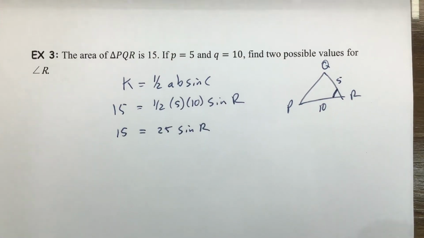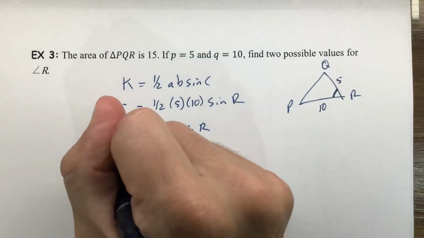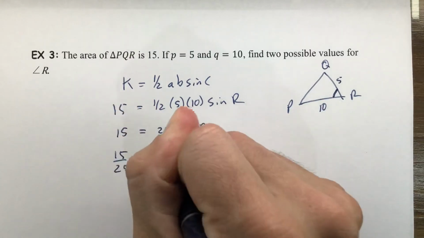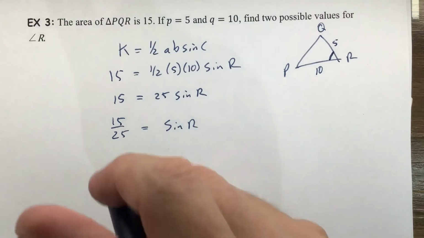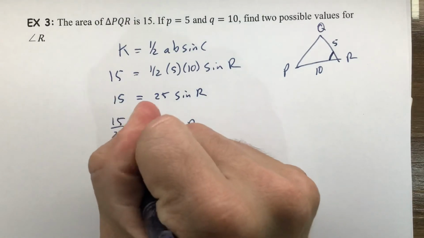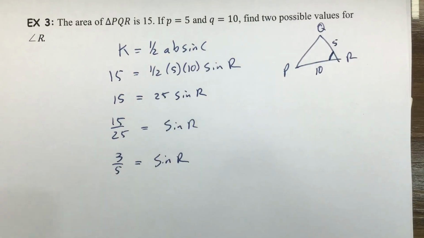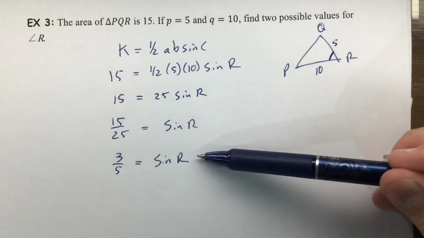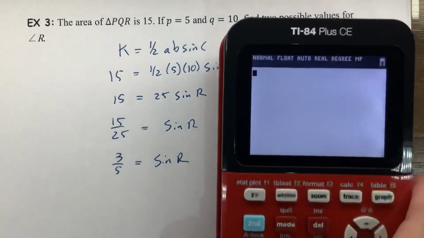So again, some things I will do just as mental math because we'll save some time. Next, what I'm going to do is divide the 25 to the other side. So we have 15 over 25 is equal to the sine of R, which you can reduce if you want. That will reduce to 3/5 if you divide by 5s. Not quite necessary, because we're going to use the inverse sine or the arc sine to figure out what our angle is.